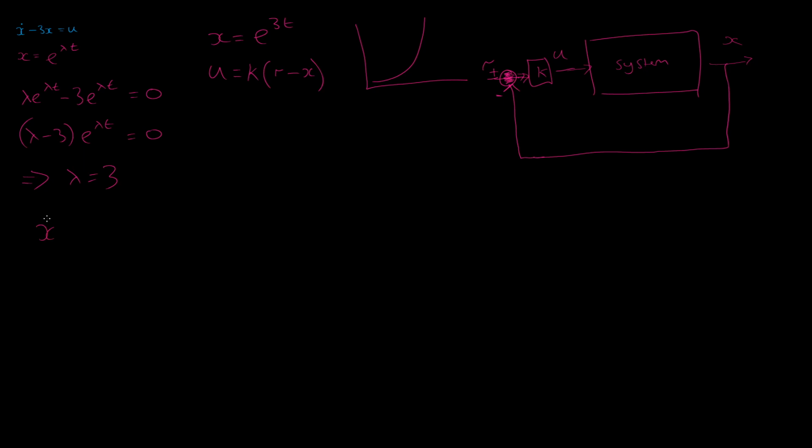We have our x dot minus 3x is equal to k, and r in this case we've set as 5, minus x, and if we expand that out, we'll get 5k minus kx. We can bring this term over to the left.